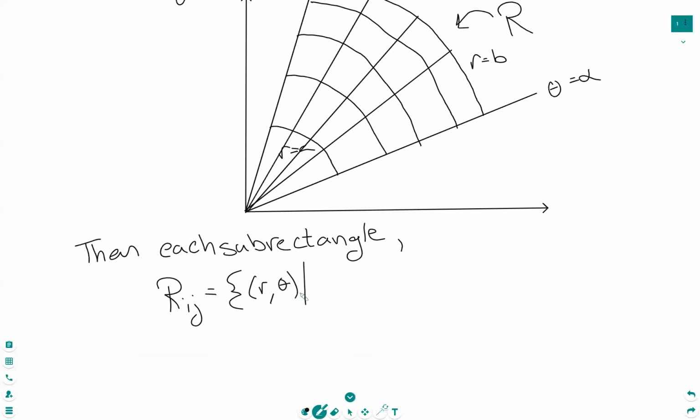Are all of the ordered pairs R and theta such that the radius is bounded between Ri minus 1 and Ri, and theta is bounded by theta j minus 1 and theta j.